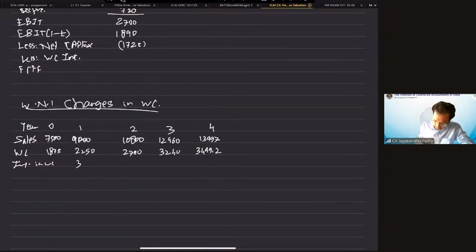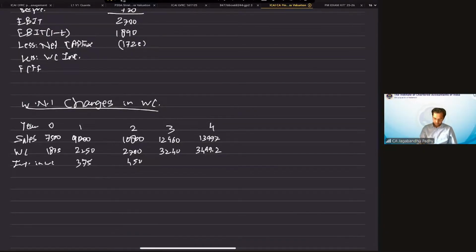Now, the increase in working capital will be just the difference. So over here we have 375. Next year it is 450. Then next year it is 540. And then the fourth year it is 3499.2 minus 3240, which is 259.2.